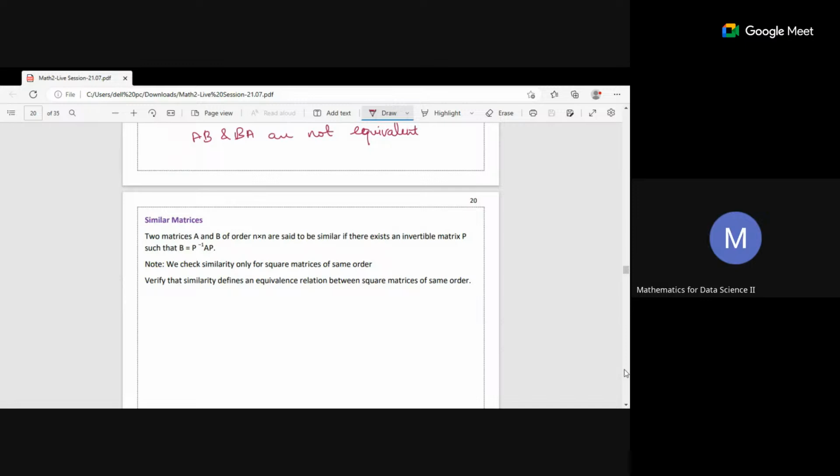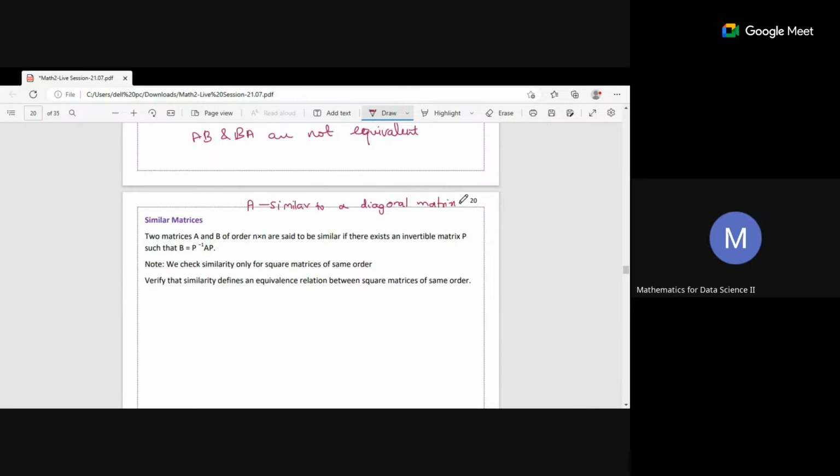Once you know what is a similar matrix, it is better to say there are certain types of matrices A which are similar to a diagonal matrix. You know how easy diagonal matrices are, right?